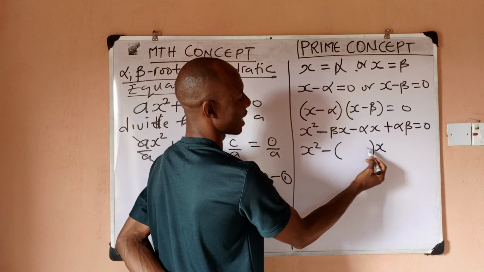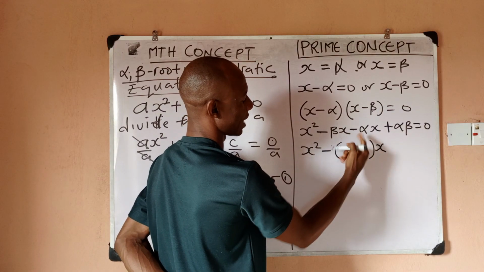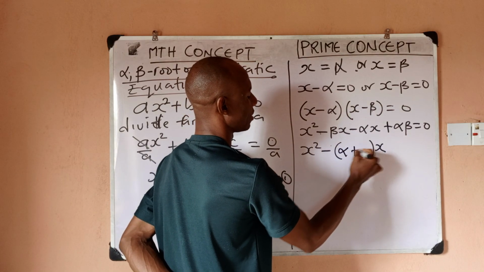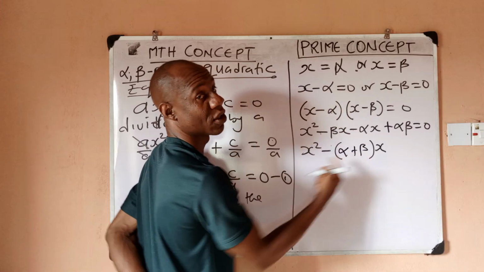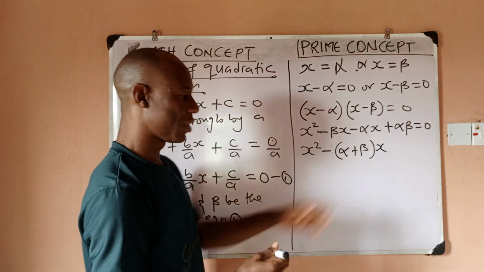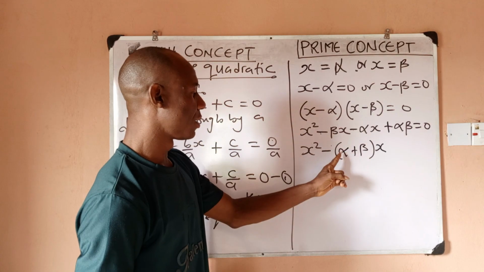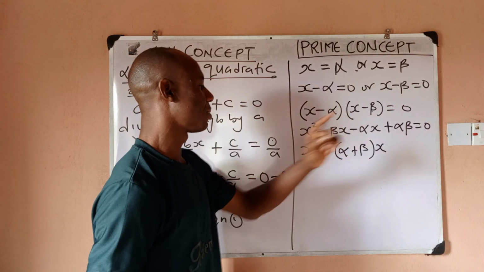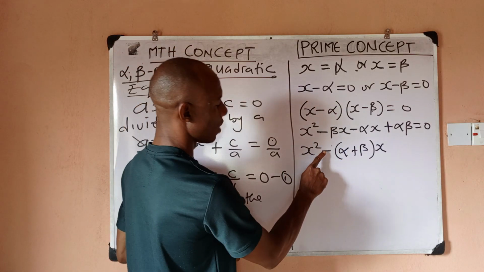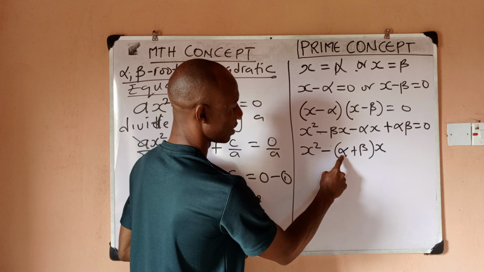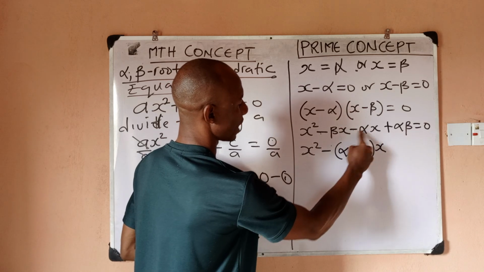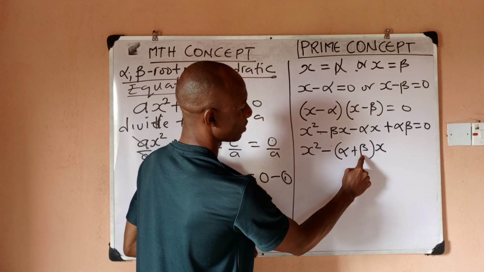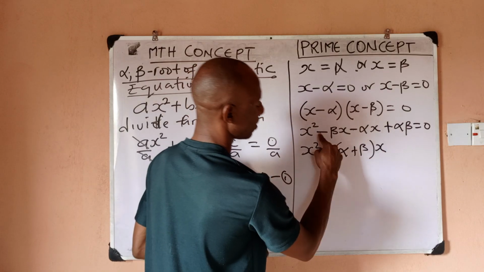Now, what do I have inside this bracket? You notice that I can have alpha then plus beta. I can still say beta plus alpha is still the same thing, but I just want, for the sake of standard, to put alpha first, then plus beta. Now, so that when you expand, minus times this will give you minus alpha x. Minus times beta is minus beta times x is minus beta x.